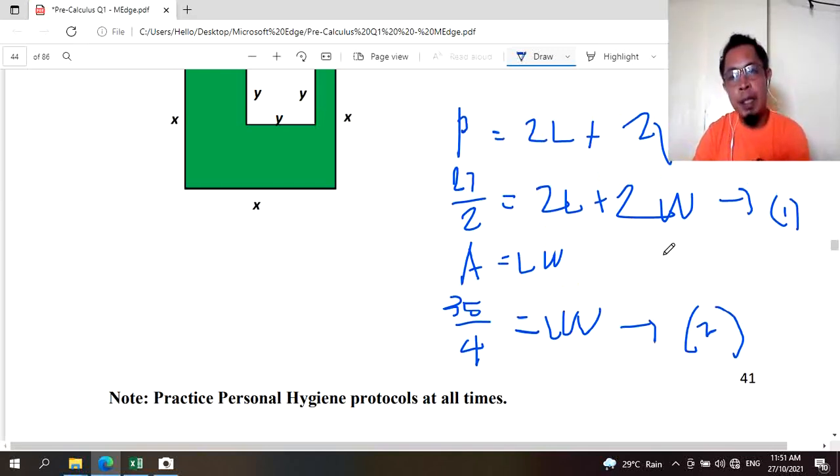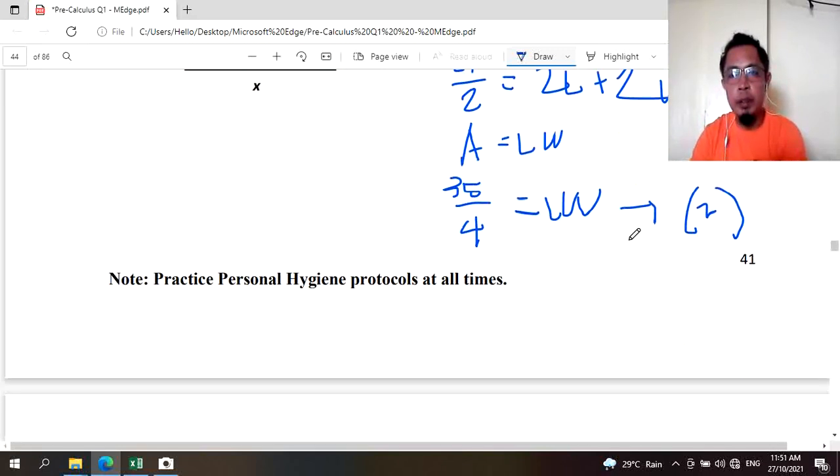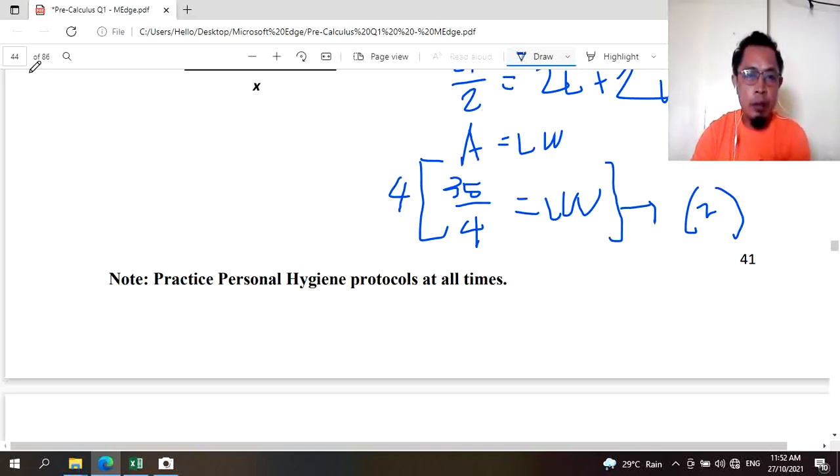Using the substitution method, I think it's better to work with the second equation. We can simplify this one by multiplying it by 4. If we multiply it by 4, then that gives us now 35 is equal to 4 times the length and the width.